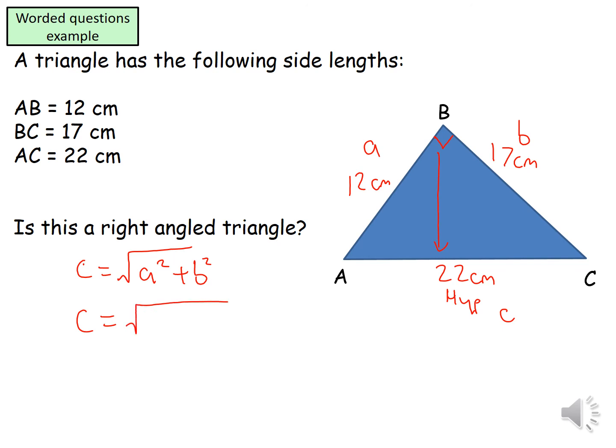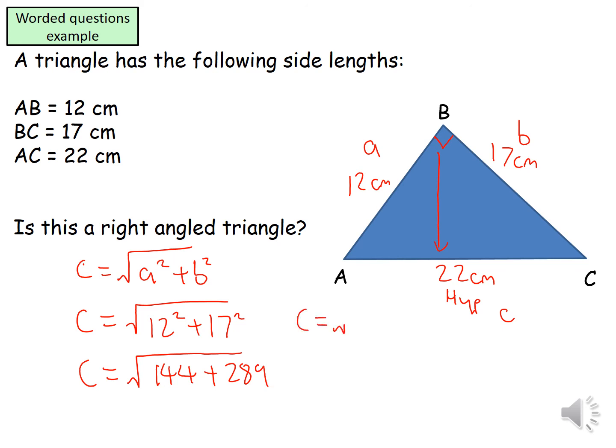Square root, what is A? A is 12 squared. What is B? B is 17 squared. If we add these together, we should get an answer of 144 plus 289.